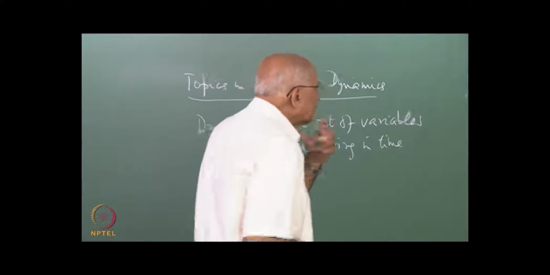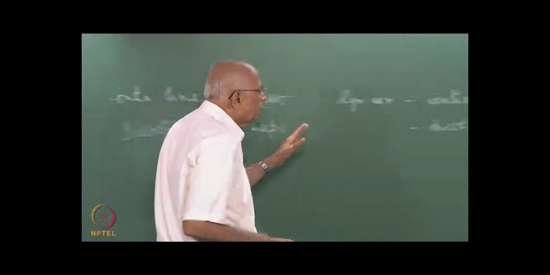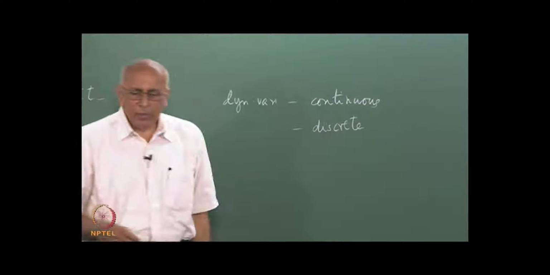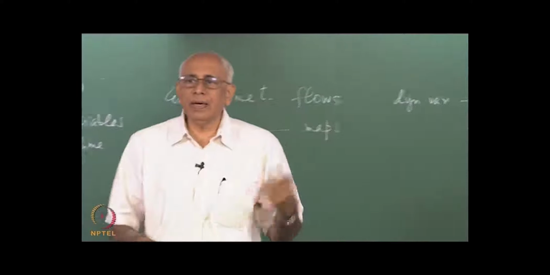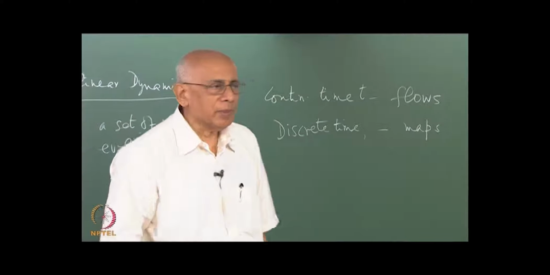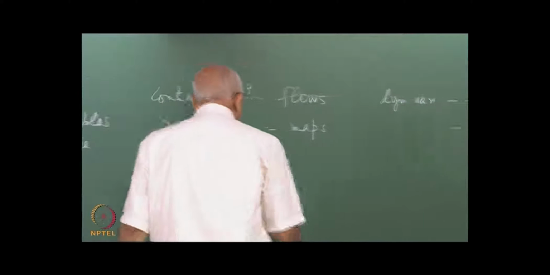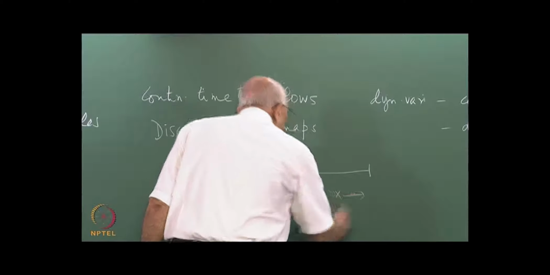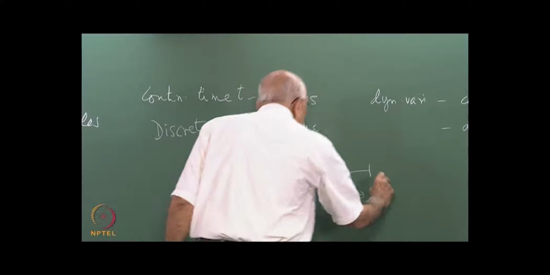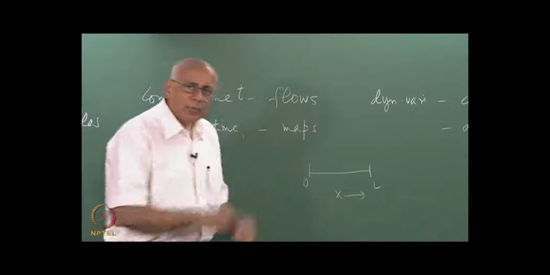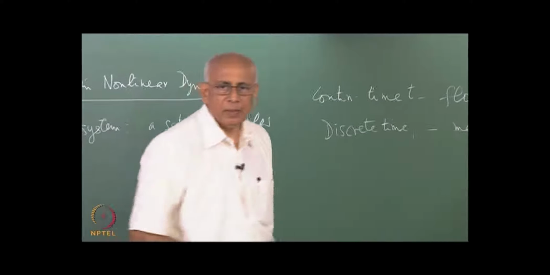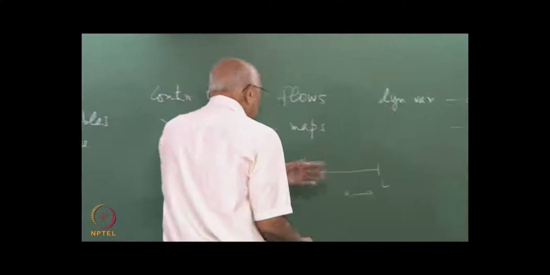I might as well mention that there is an even greater, even more general possibility, which is you may have a continuous infinity of variables to describe a dynamical system. For instance, a simple example is if you took a string extending along the x axis and its ends are 0 and L, and you clamp it at both ends, and you now ask for the transverse displacements by various points on the string.